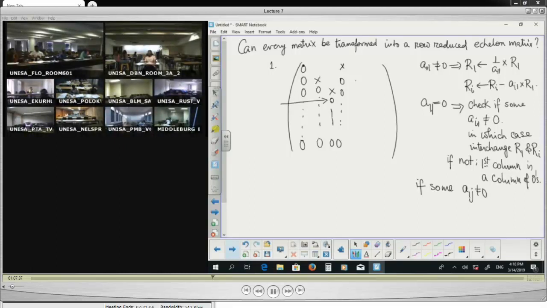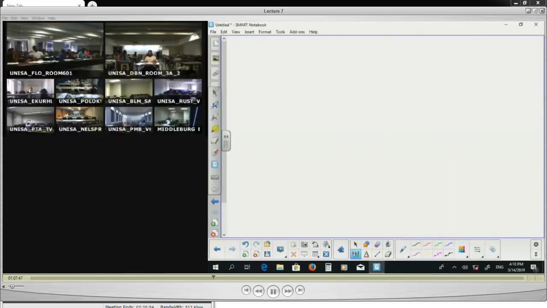And then I'll come back to it. What are the operations, row operations? Yes. So the simplest one is interchange two rows. Okay? Multiply a row by a scalar.